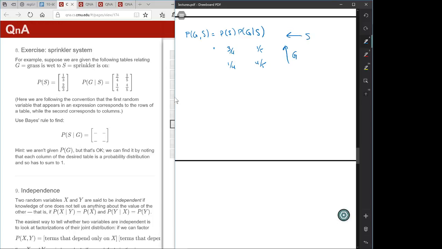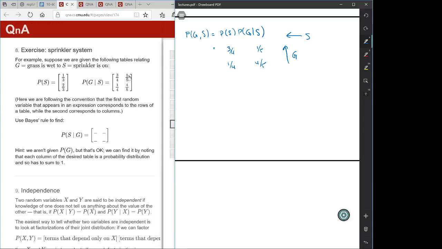So horizontally S and vertically G. By convention, if we don't label the dimensions, like on this table right here, we're going to take the first variable to be the rows and the second variable to be the columns. And if you didn't know that ahead of time, you could tell, because this is a conditional distribution, and so it's supposed to sum to 1 across G. So it sums to 1 across rows, and it does not sum to 1 across columns.